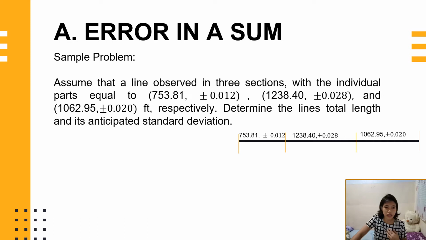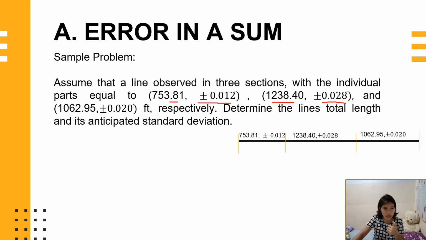So, assume that a line is observed in 3 sections with the individual parts. We have here, ang unang part is 753.81. Yung error niya upon measuring 753.81 is plus minus 0.012. The next section is 1238.40, and the error niya in measuring this distance is 0.028.